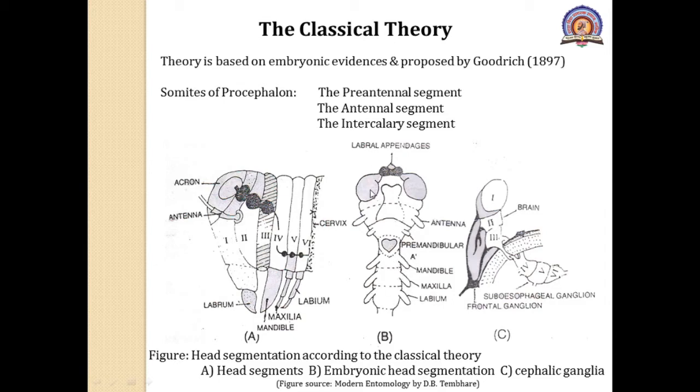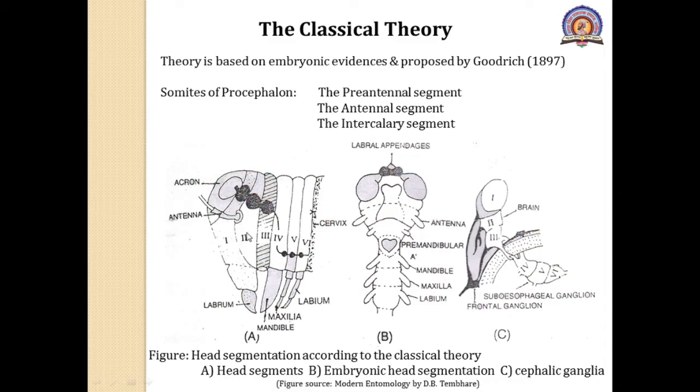Here the first coelomic sac is developed, which belongs to the preantennal segment, but in the adult stage this segment is devoid of any appendages. It means that once the insect becomes an adult, this first preantennal segment does not bear any kind of paired appendage.